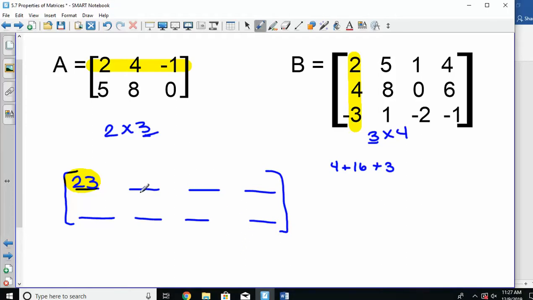So moving on. My next number is in row 1, column 2. So you have to take row 1 times column 2.